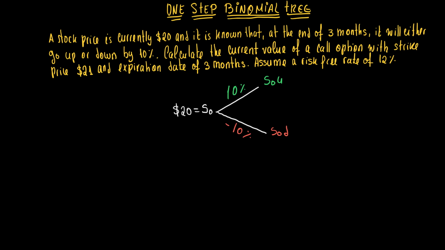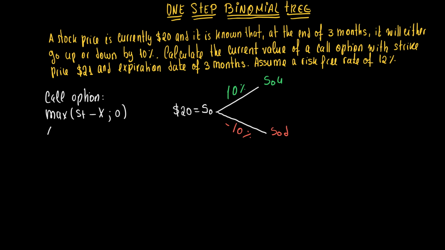The idea is to calculate the current value of a call option with a strike price of $21. If it's a call option, I already know how much it should pay. A call option pays the maximum between the stock price minus the strike price, or 0.